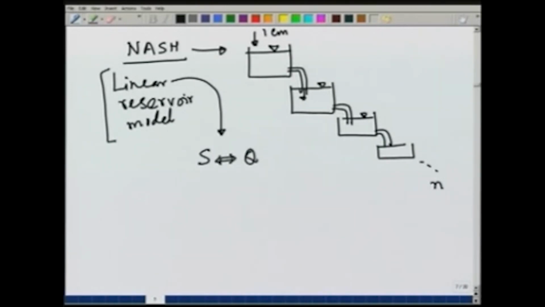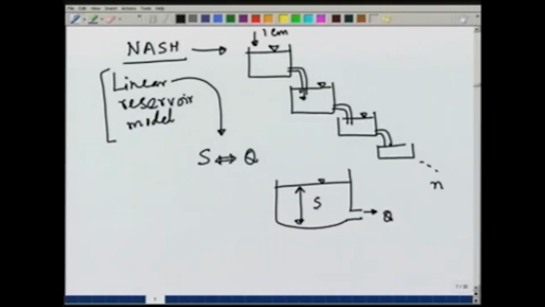In a reservoir, typically if you look at a reservoir which has an outlet here, the storage will depend on the height in the reservoir, and the outflow will also depend on the height in the reservoir.